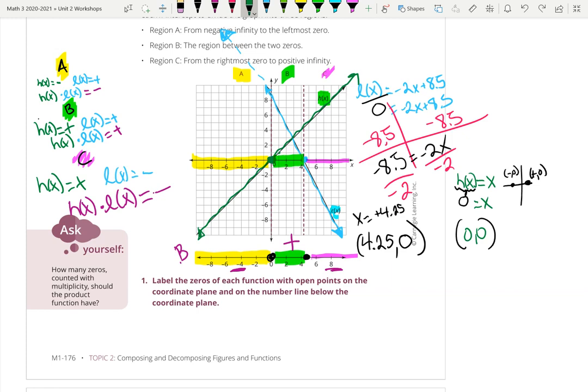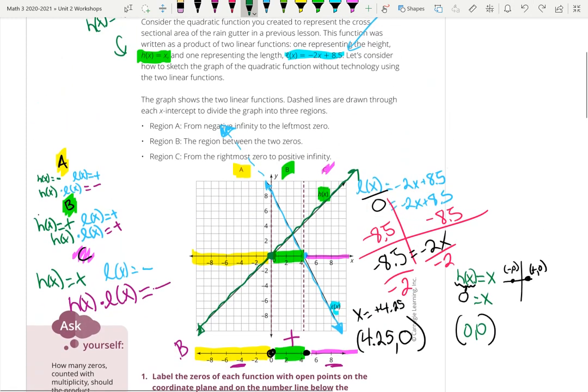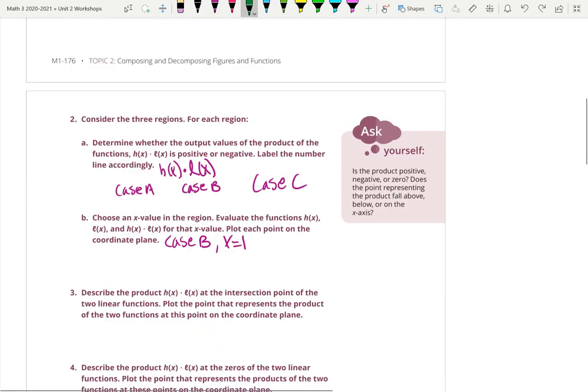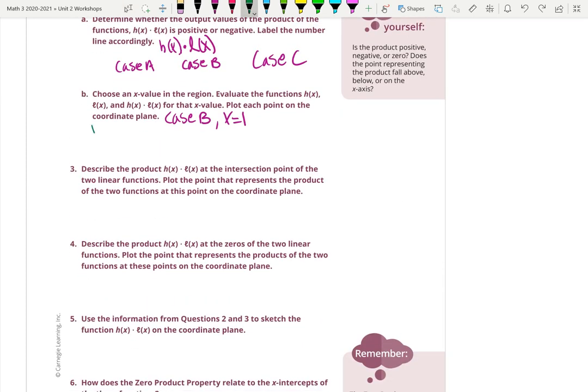I'm going to go back. I can figure this out algebraically. If I look at my original function, h of x is equal to x, which means when I put 1 in, it's just going to be 1. Likewise, L of x is going to be negative 2x plus 8.5.